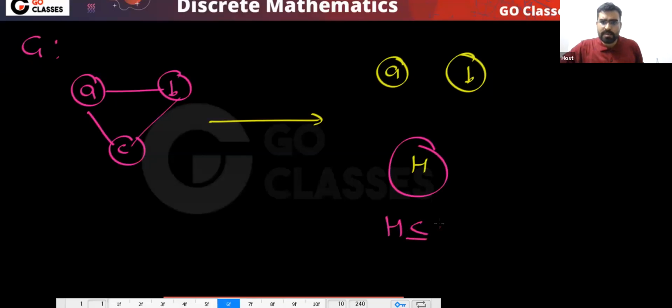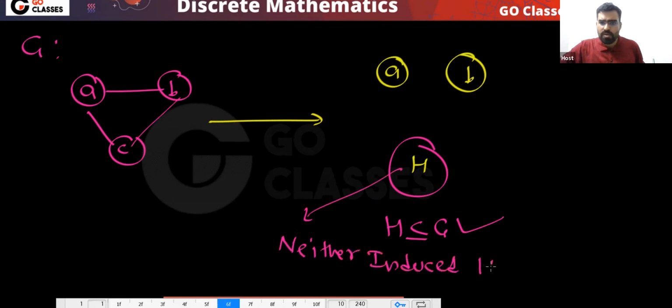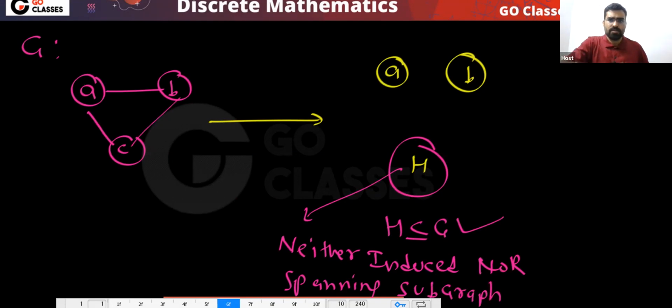Yes, H is a subgraph of G, but H is neither induced nor spanning. This is not a spanning subgraph, and this is not an induced subgraph. Very simple. Is this clear?